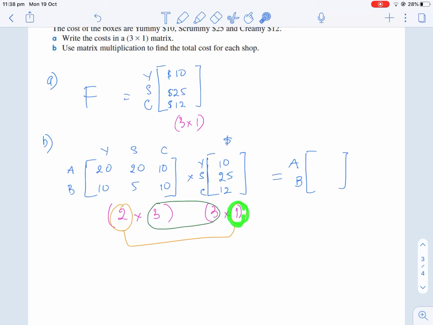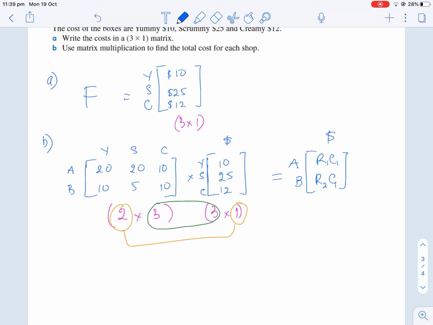This column is the column of the second matrix, which is about dollars. So this one is going to be dollars. So the final matrix will show you the cost of shop A and shop B. There you go. And again, this one is going to be row 1, column 1, and row 2, column 1.